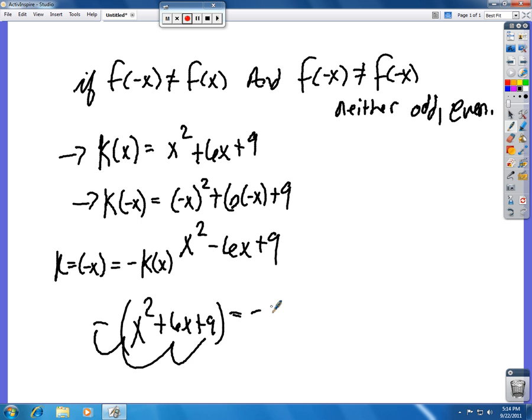So this is going to be negative x squared minus 6x minus 9. As you can see, these two here are not equal to each other, so therefore it's not odd. And because this one is not equal to that one, it's not even, so therefore this one is neither.